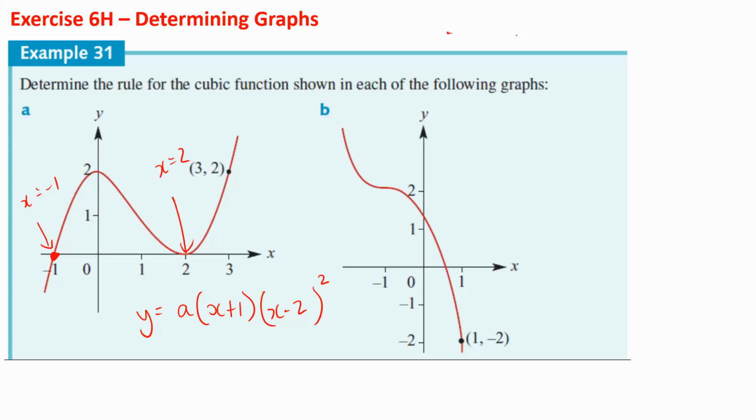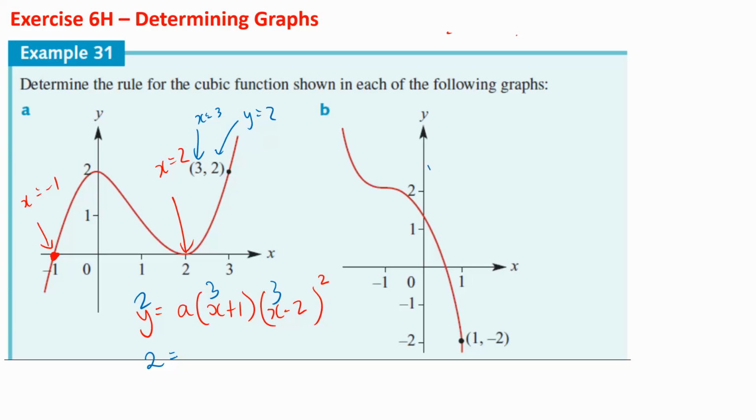So you see in this question here, how do you solve it? You know that when x is 3, y is 2, and that's all I asked you to do in your SAC last term. All you had to do was sub in x equals 3 and y equals 2. Now you can solve that.